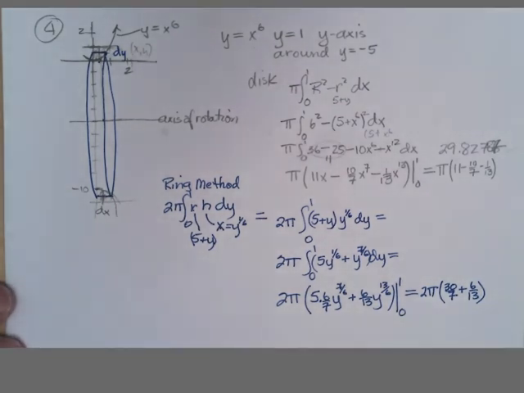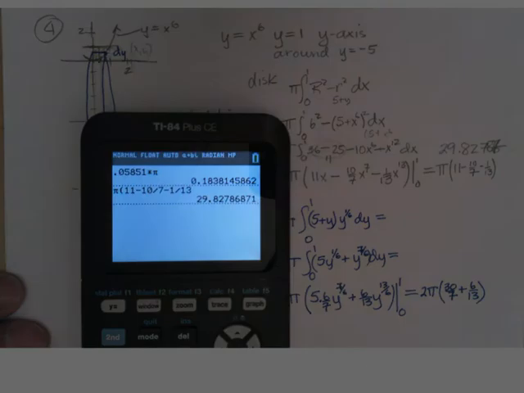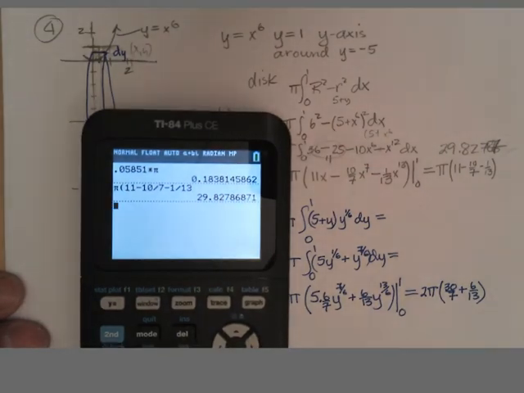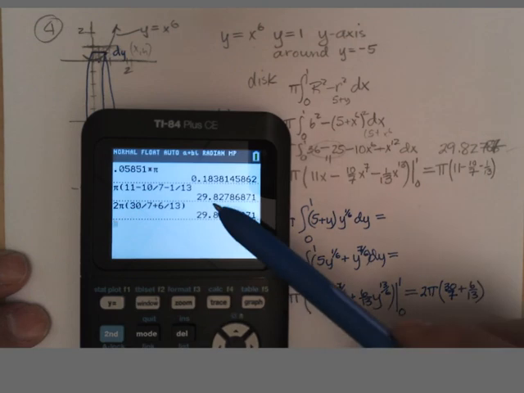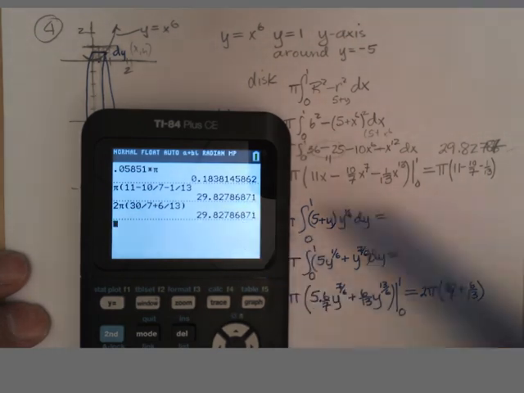And instead of doing the arithmetic on that, again, I'll resort to my calculator. I'm going to have 2 pi parenthesis 30 divided by 7 plus 6 divided by 13, close parenthesis. And fortunately, I got the same answer as I had before.